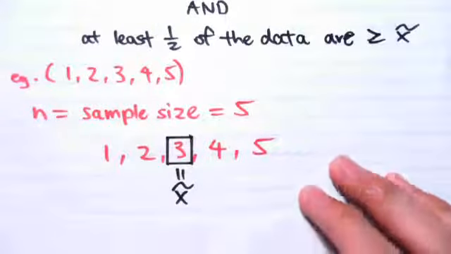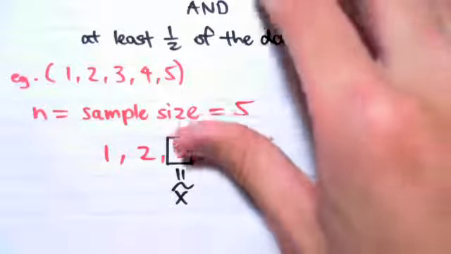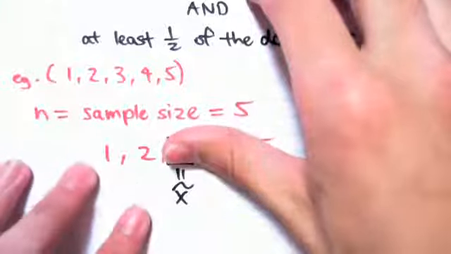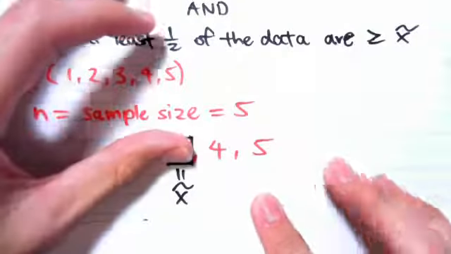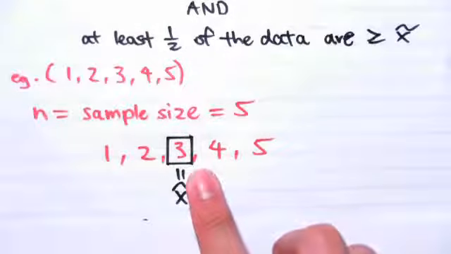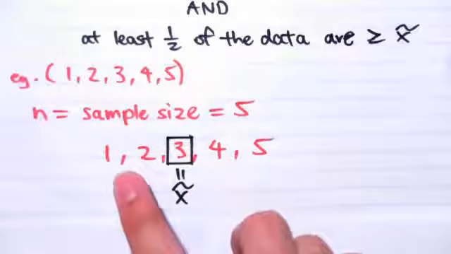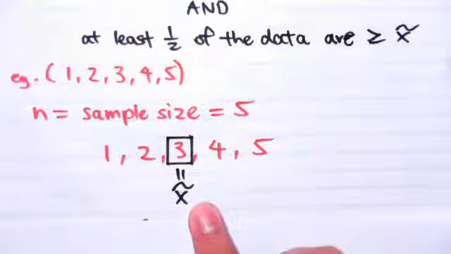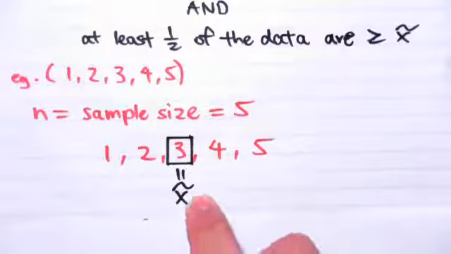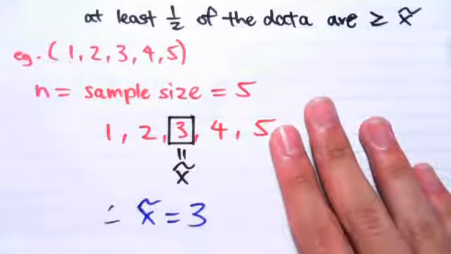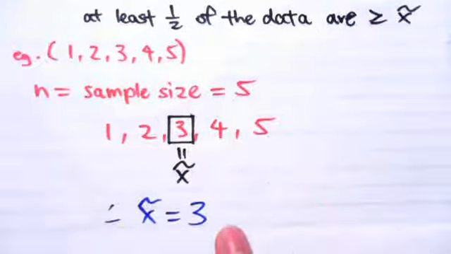For example, if your median here was 3, the left-hand side of 3 should have only 2 numbers, and on the right-hand side of 3, there are also 2 numbers. Because the amount of numbers on both sides of 3 is exactly the same, that means that 3 is our median, x squiggle. So therefore we conclude that x squiggle is equal to 3.